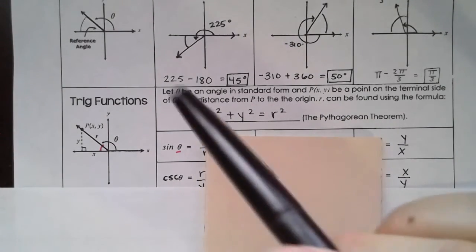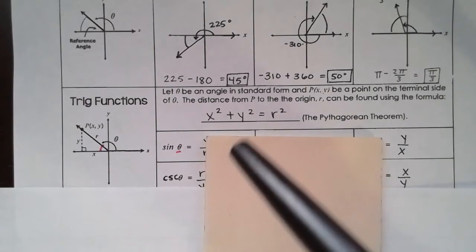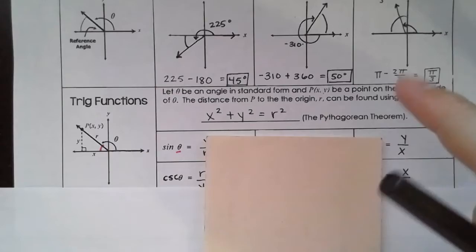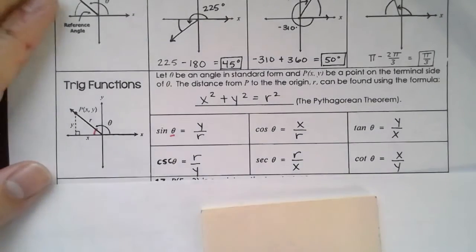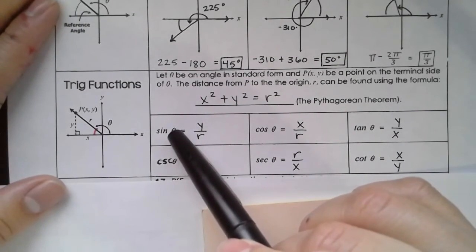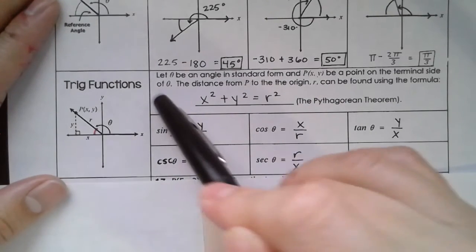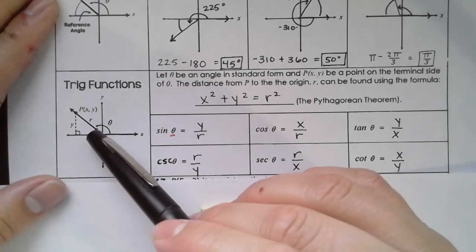Now, using this idea, I can use my trig ratios to solve these types of right triangles. So sine theta, and I underline in red because it's very confusing. Sine theta, you would think you're using this, but then it's an open space. No, we're talking about this red angle here from the origin.